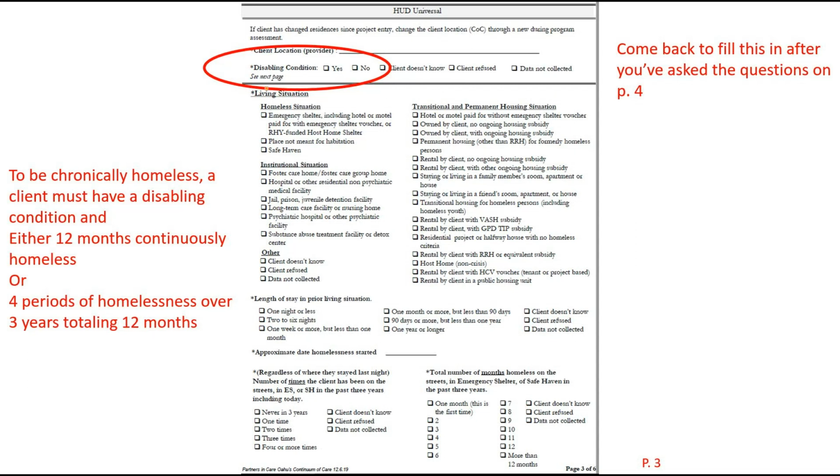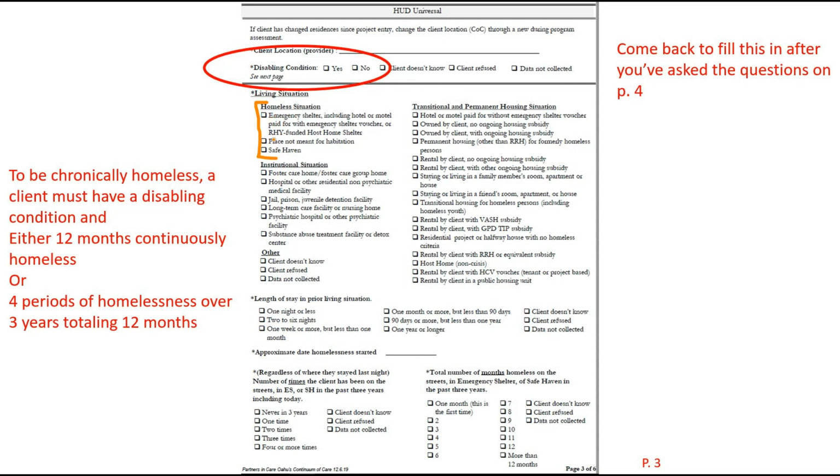The next part of this form, where we have living situation, is trying to establish whether the client is chronically homeless. And there's a lot of important information here. So first of all, to be considered homeless, a client must be in one of these situations here.